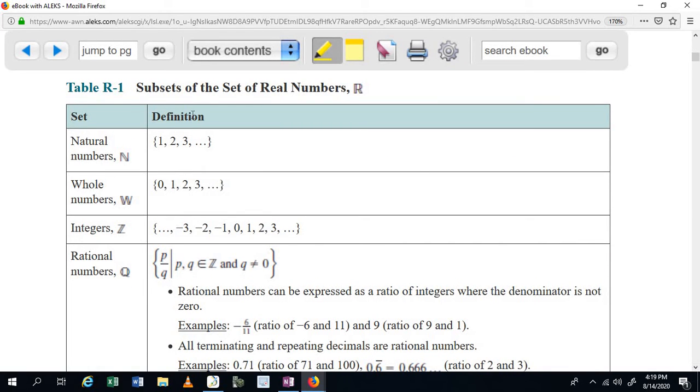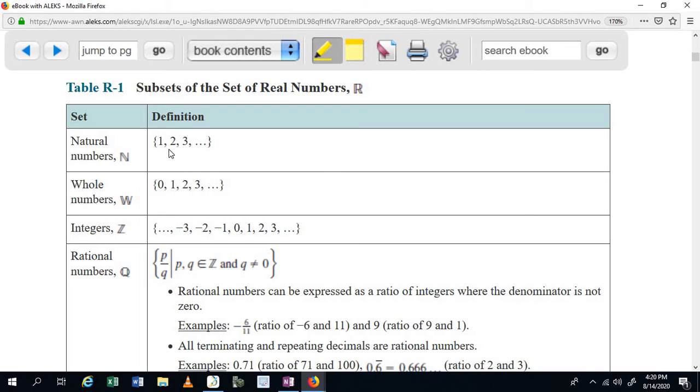Now let's talk about all the different subsets of the set of real numbers. And by the way, we use this little R to denote the set of all real numbers. So let's talk about the important subsets of the set of real numbers. The first one would be natural numbers, which we denote with this N. The natural numbers are simply the numbers starting at 1, and then 2, and then 3, and then 4, and so on.